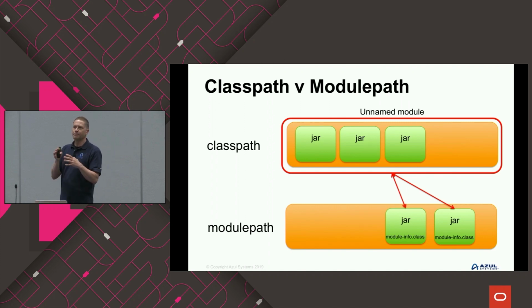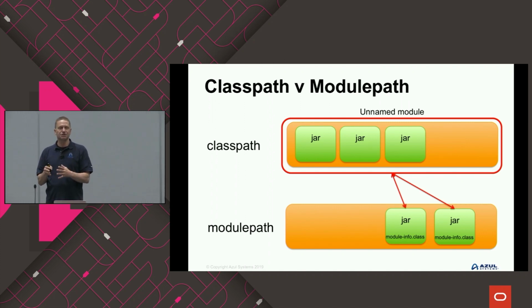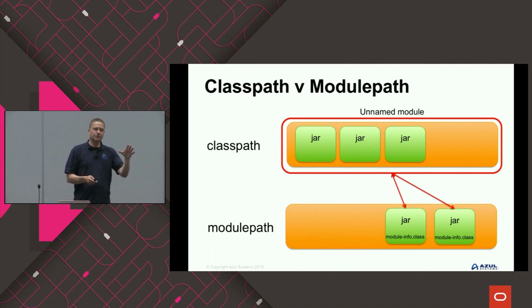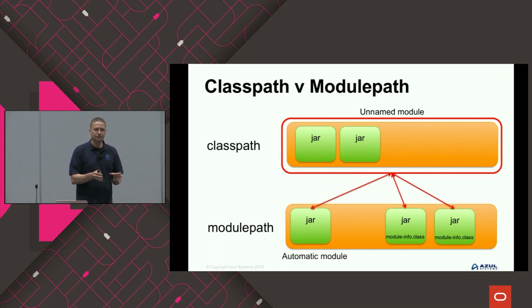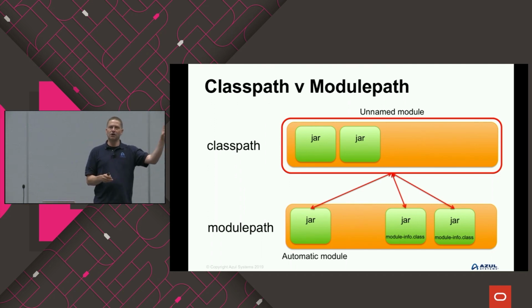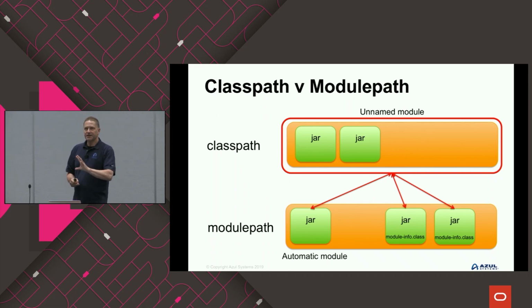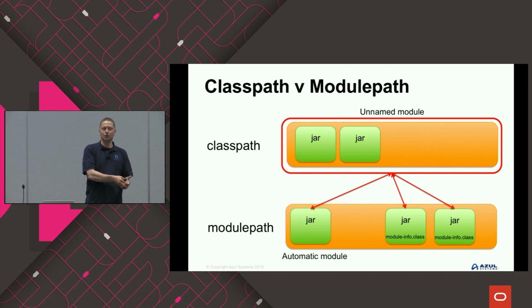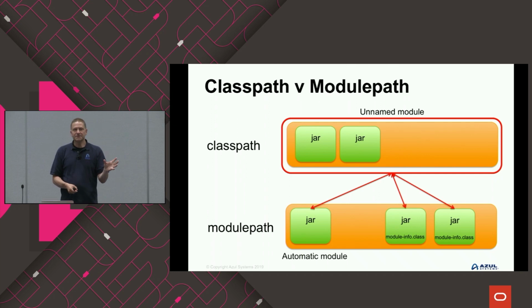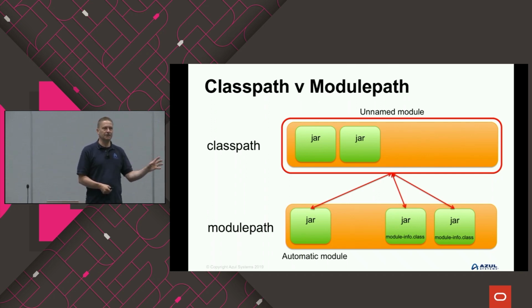If we then want to start migrating to using the module system properly, we can do that in two phases. The first phase is we can take a jar file that we have, and simply move it from the class path to the module path. We don't have to make any changes to that jar file, so we don't have to add a module-info.class file to it to give it explicit information about that module. The module system will then treat it as an automatic module.